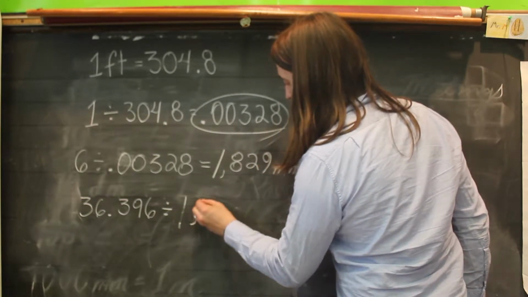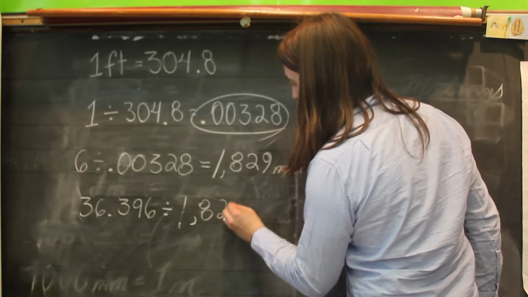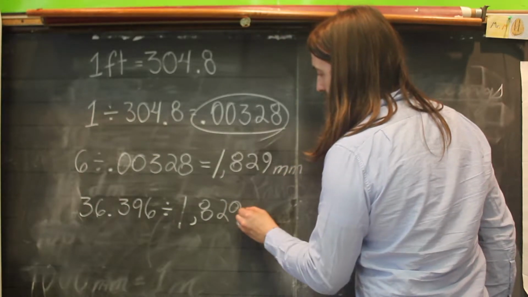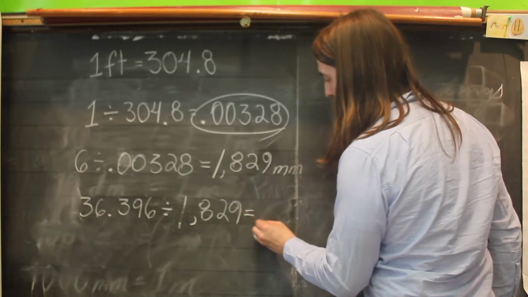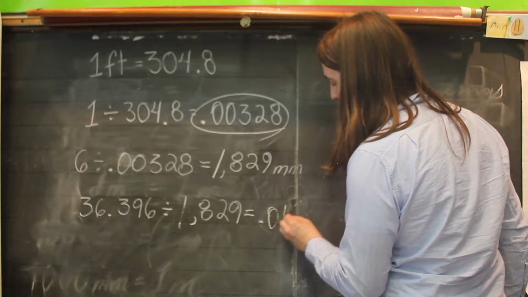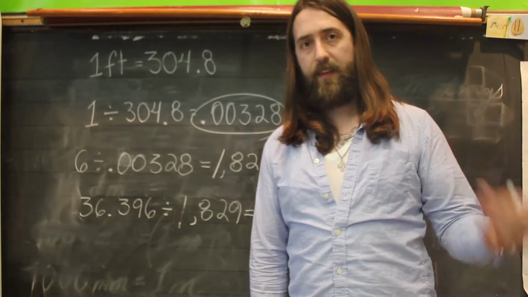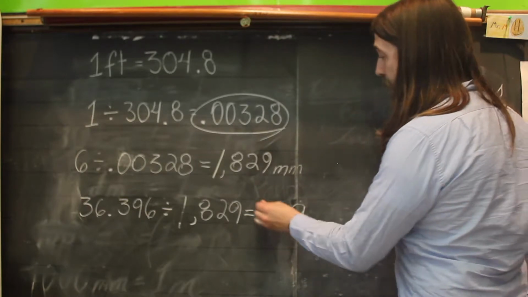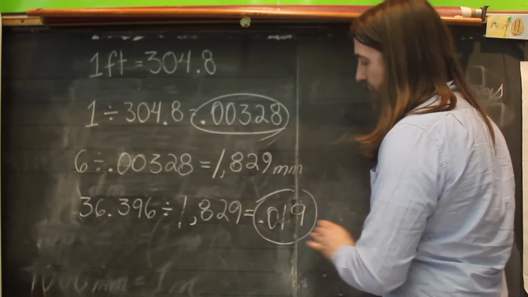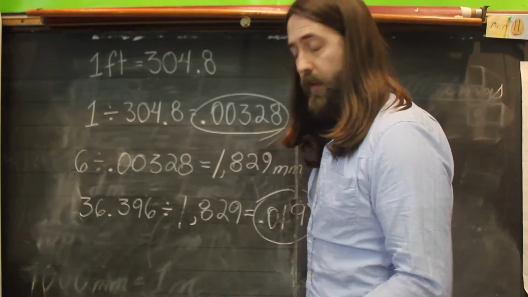So 1,829. And what that gives me is 0.019 rounded to the nearest thousandth. So this becomes my second most important number.